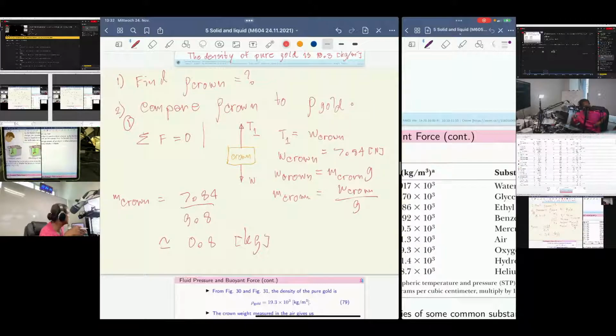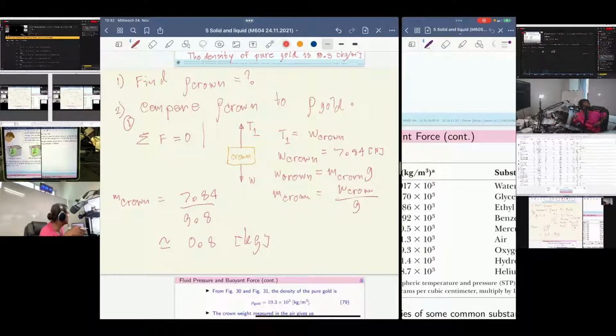Of course, the first force is still the same, which is the tension in the second situation, which is readable from the scale in the weight measurement device here. As we know, it's 6.86 Newton.